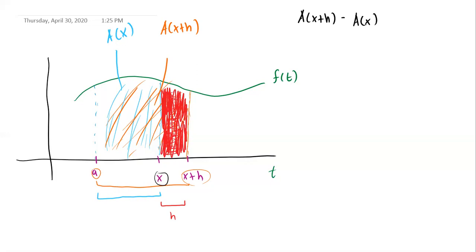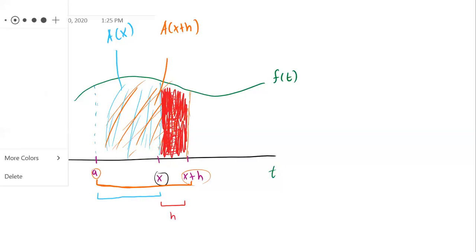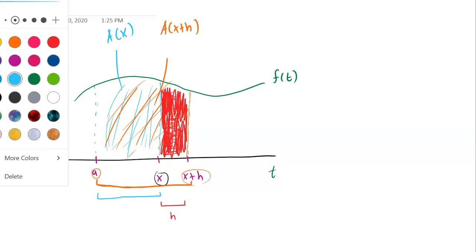How do I find that net area in terms of the area function? Well, I wrote it here. Let me write it again. I know what the whole area is in this large interval, and I know what the net area is in this smaller interval.